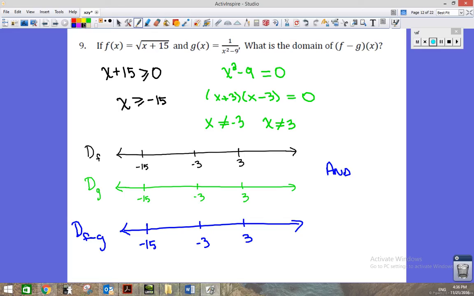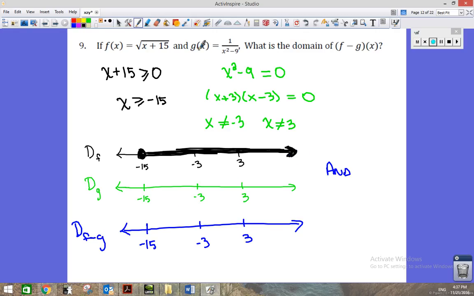So I come back up to the domain of f and say, well, negative 15 was in the domain because it says greater than or equal to. Because of that equal to portion, I want a solid dot there. And values of x that are greater than negative 15 are to the right of negative 15, so all of these numbers, all the way to infinity.